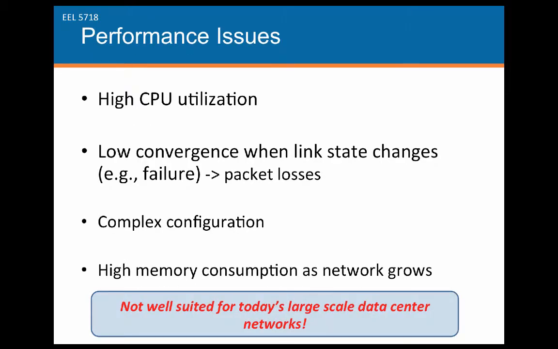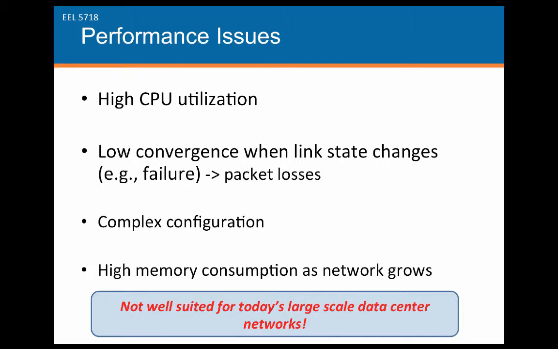The major problems with OSPF are, first, high CPU utilization. If you have 20,000 nodes in the network, and we are always computing the routing table because links go down and up, it can take a lot of CPU. Also, just looking at the table can be time consuming.